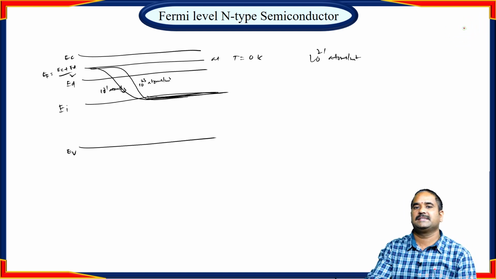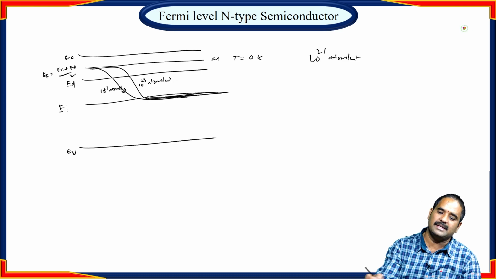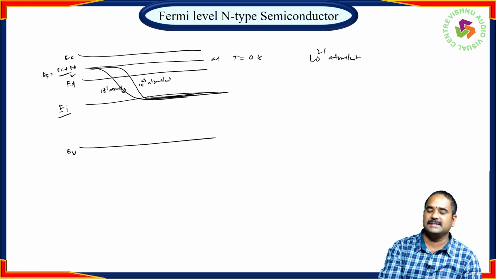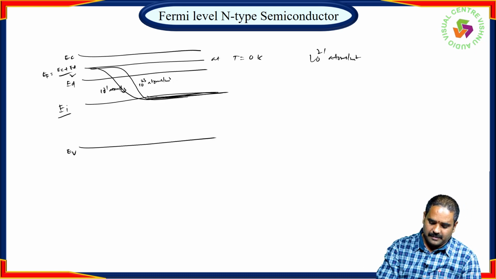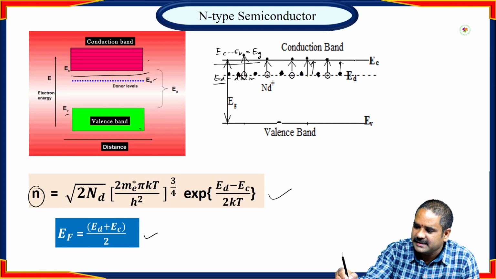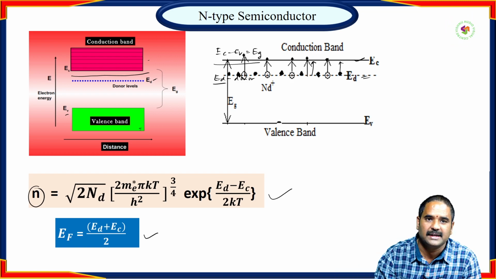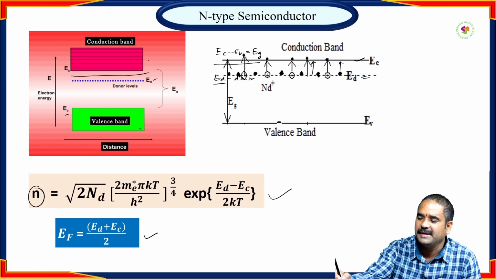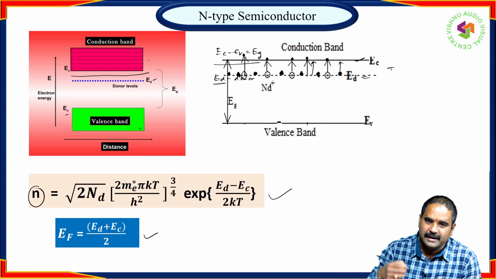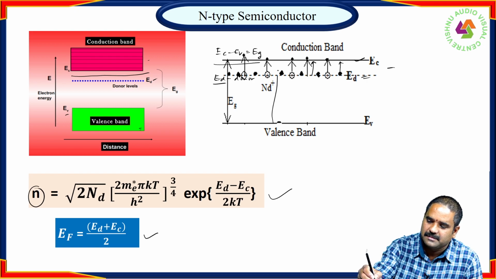At higher temperatures, the Fermi level in an n-type semiconductor is the same as the Fermi level in an intrinsic semiconductor. Why does this happen? At low temperatures, the density of electrons in the conduction band is equal to the density of holes in the donor energy level. But at higher temperatures, electrons also get excited from the valence band to the conduction band.